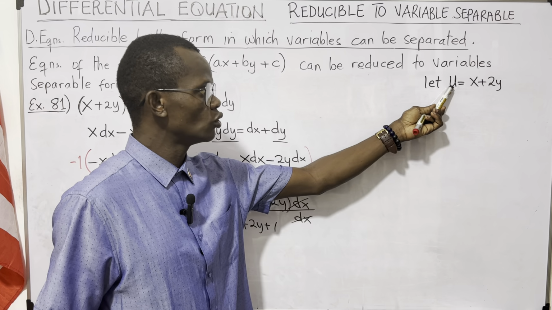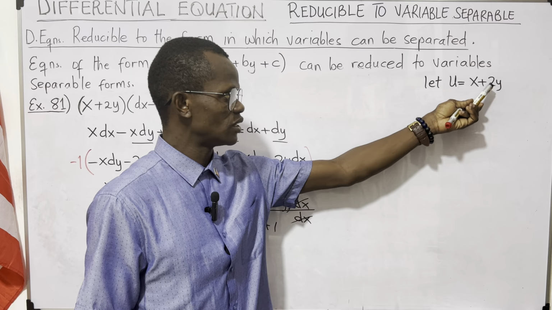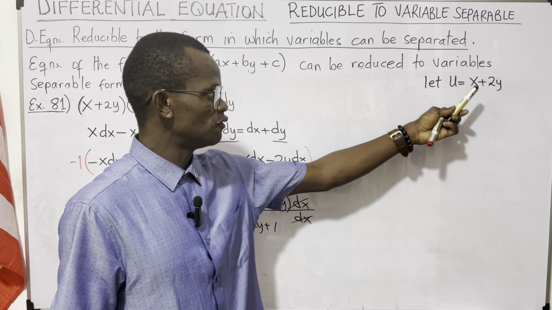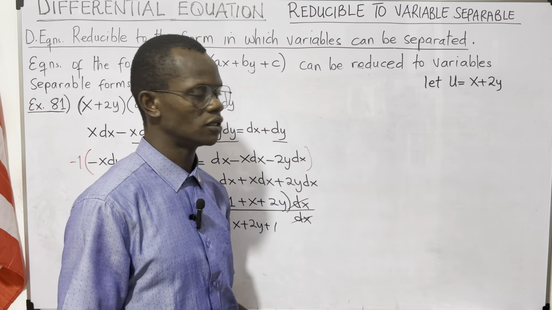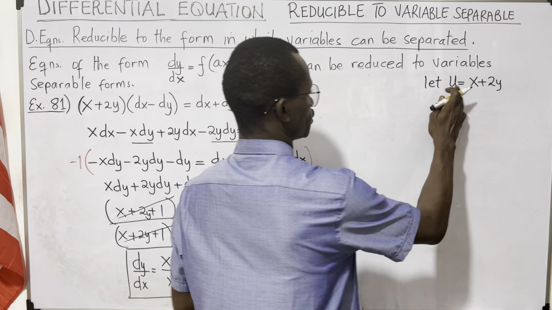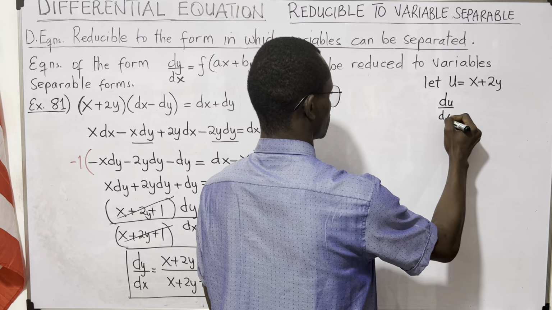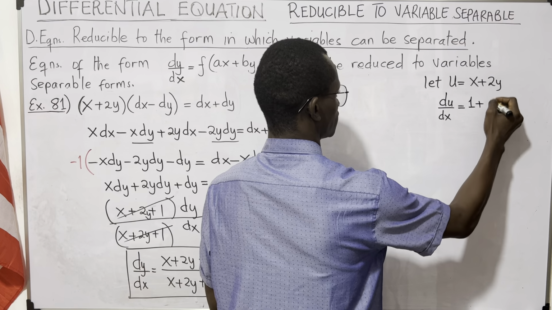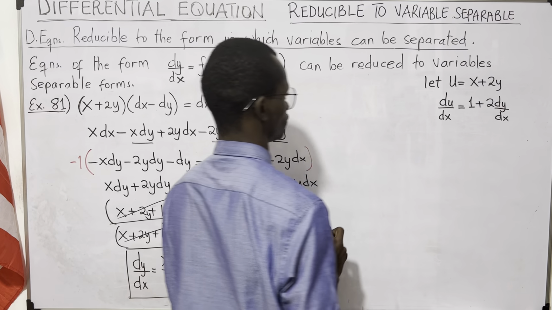For u, you attach du by dx, and for y, you attach dy by dx. Now, x is the variable of differentiation, the independent variable. So we have du by dx equals the derivative of x, which is 1, plus 2 dy by dx.